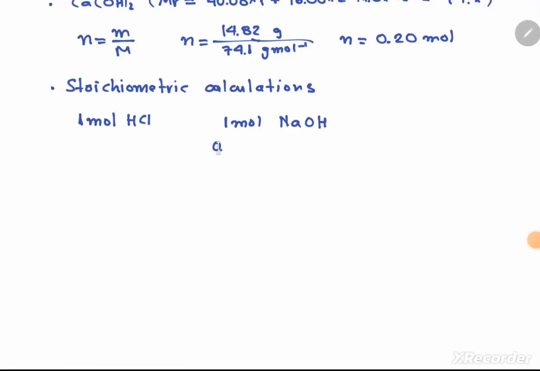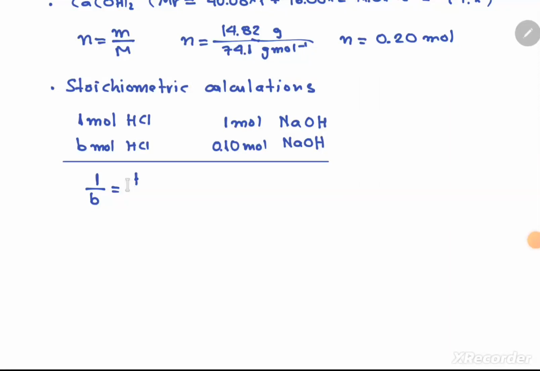We have 0.10 mole sodium hydroxide, so we need some mole hydrogen chloride. We solve the ratio, and we have the number of mole of hydrogen chloride which reacts with the amount of sodium hydroxide.